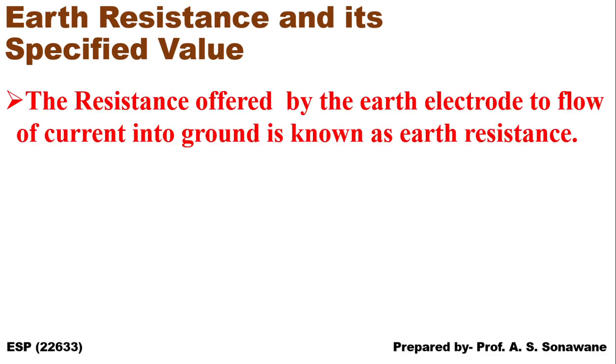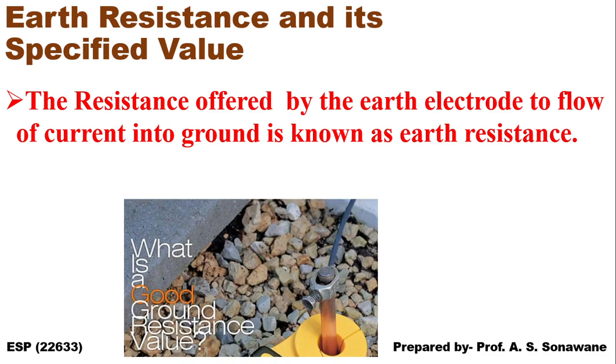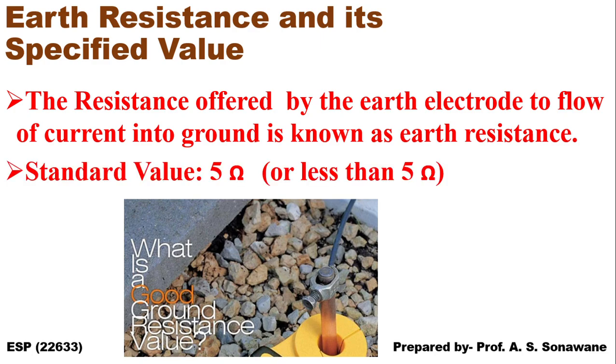Basically, the resistance offered by an earth electrode to the flow of current into the ground is known as earth resistance, and obtaining a satisfactory earth electrode resistance has always been a problem in areas of poor soil conductivity. All over the world, a substation requires an earth resistance of 5 ohm or less than 5 ohm.